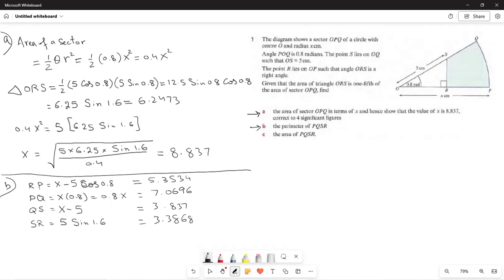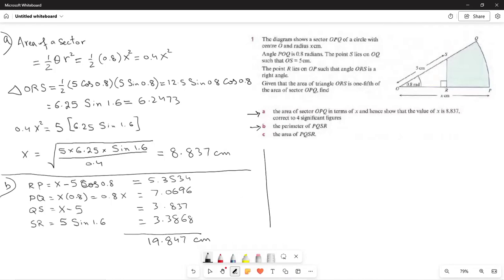When you add them all together, you get the perimeter, which is 19.847 centimeter. This is also in centimeter. This is part B.